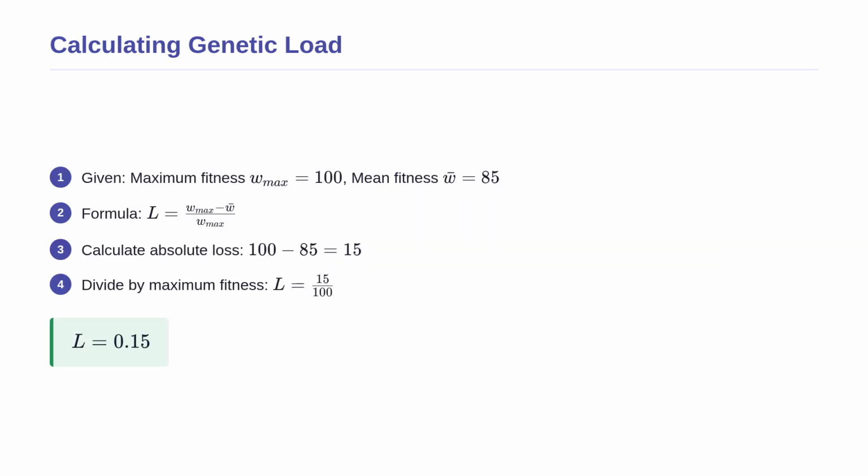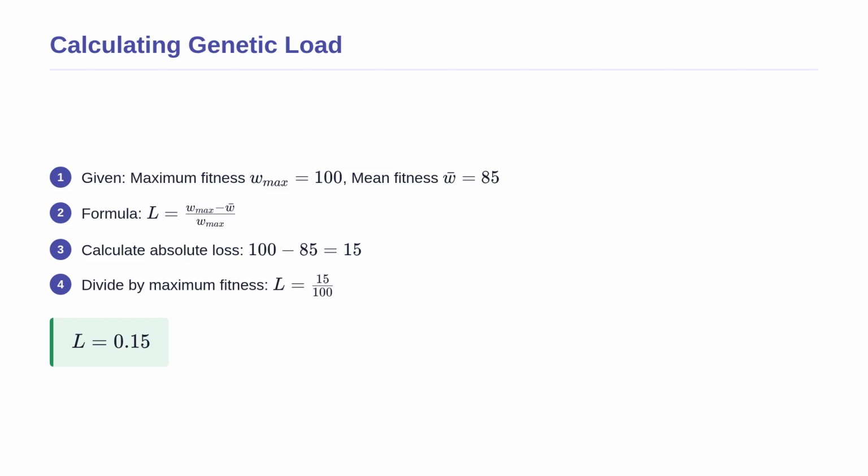Let us calculate this evolutionary tax for a population of plants. We are told the best possible genotype produces an average of 100 seeds per plant, so W max is 100. However, due to deleterious mutations, the average plant only produces 85 seeds, making W bar 85.